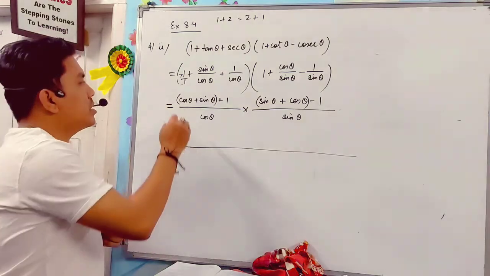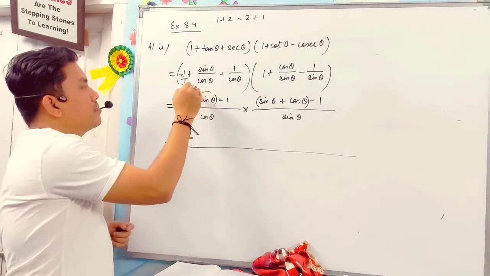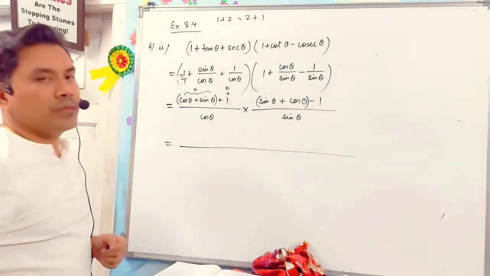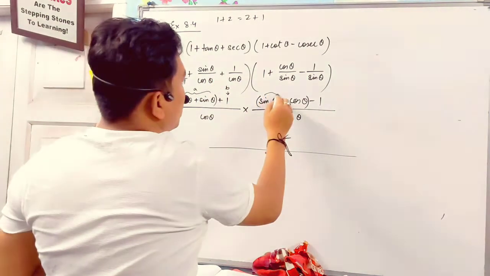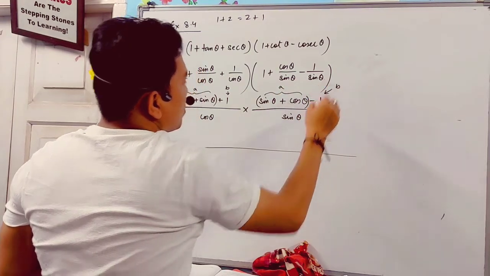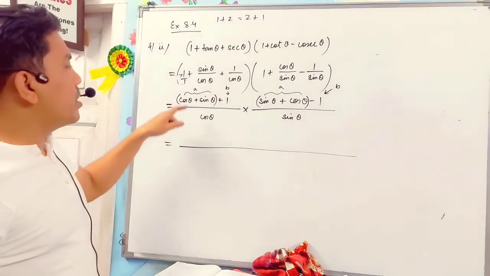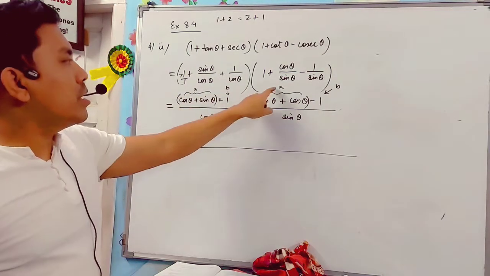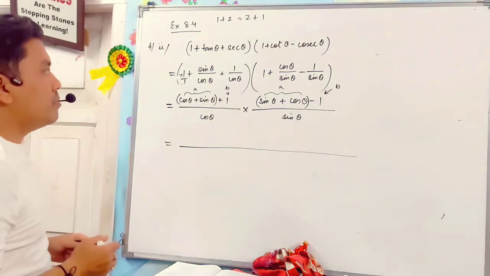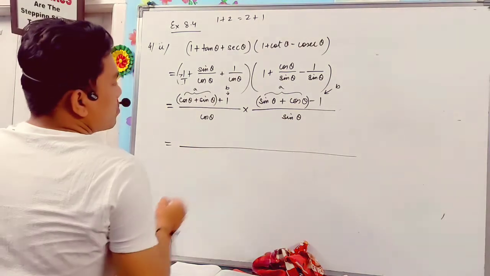So, as a whole we will consider it as A, and this 1 we will consider it as B. Then this side, this will be A, and this will become B. So, isn't it in the form of A plus B, A minus B? Yes, and if it is in the form of A plus B, A minus B, we can write A square minus B square.